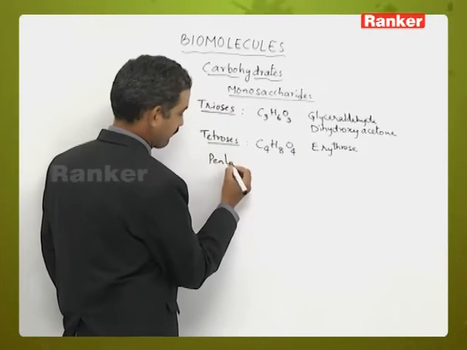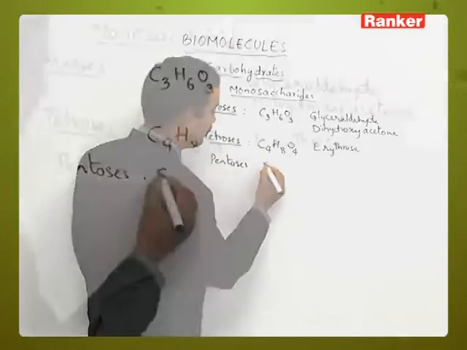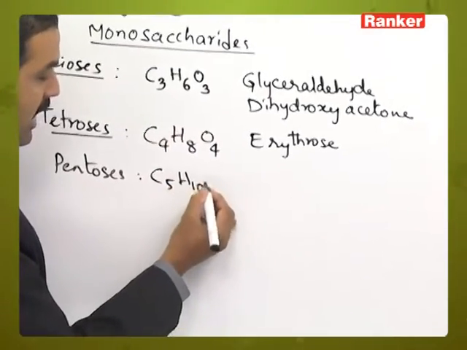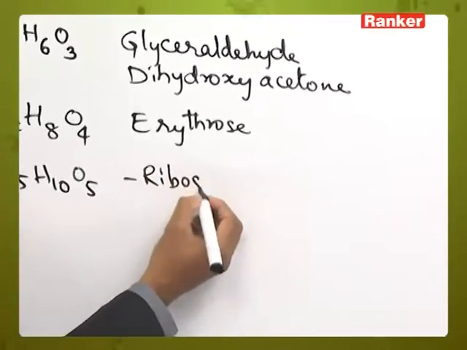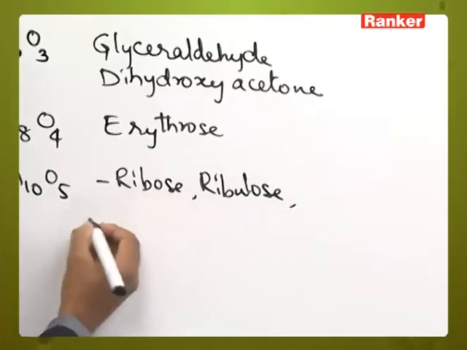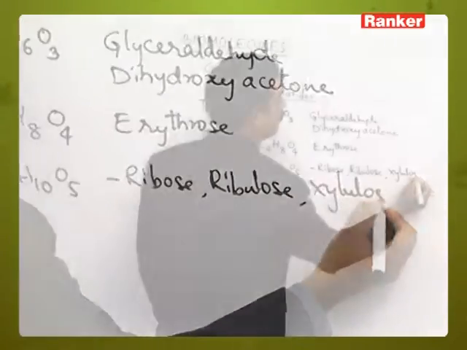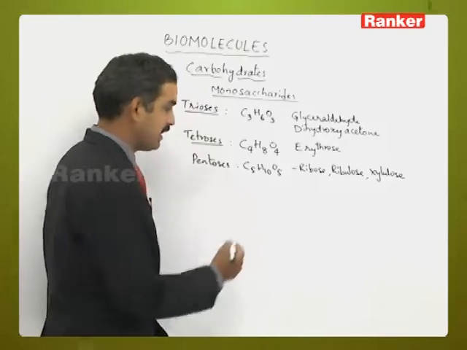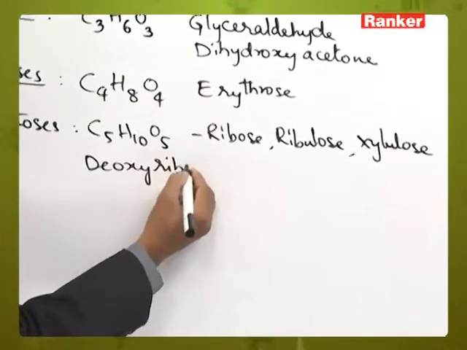Pentoses contain 5 carbons, that is C5H10O5, like ribose sugar, ribulose sugar and xylulose. But here, deoxyribose is also there.